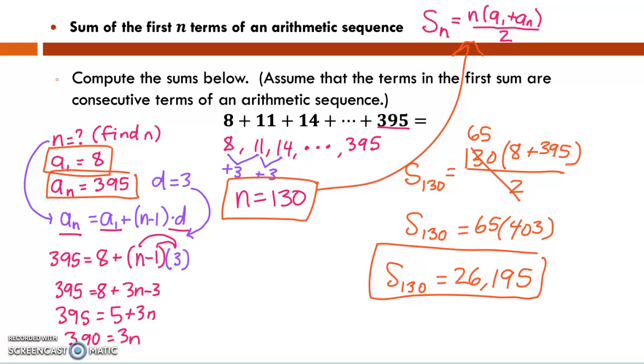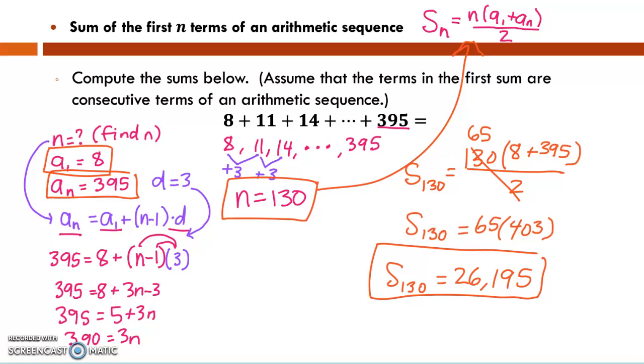So think about having to not only add 3 and find all of these terms, 130 terms, but then having to add them up. So we're going to want this equation to be handy, and we know how to use it.